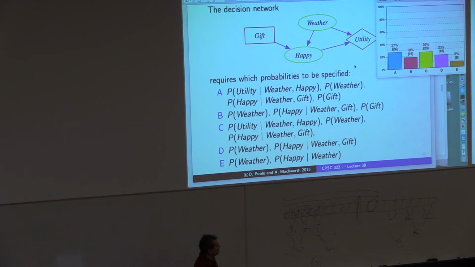All right, there's no probability for utility. For every random variable, there's a probability of the variable given its parents. So there's the probability of weather, right?